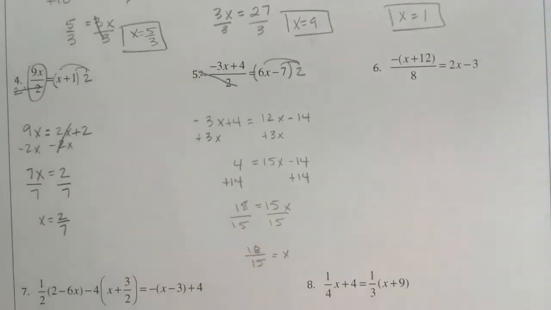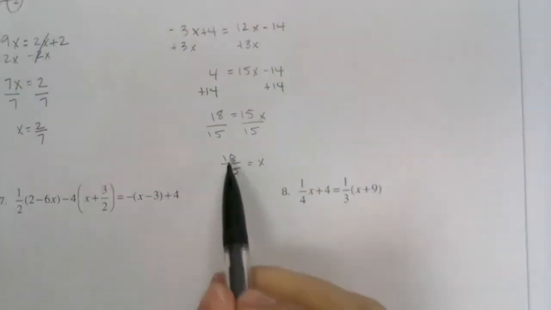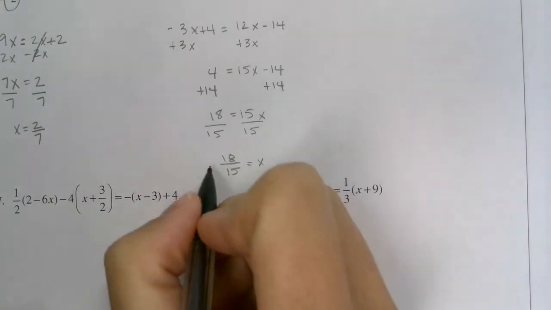So this 18 over 15 is a good answer, but it's not the best answer. When we have a fraction like this, we know that the number 3 goes into 18 and it goes into 15. When I say it goes in, meaning I can do 18 divided by 3 and get a whole number, or I can do 15 divided by 3 and get a whole number.